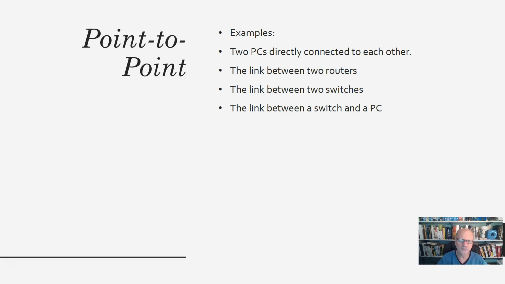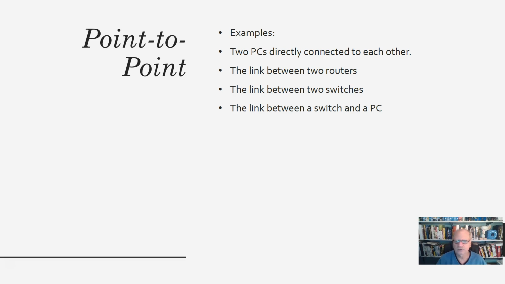Here are some examples, and these are mostly local examples because we can make some inferences about local connections too, and we can call them point-to-point. So two PCs directly connected to each other. Well, obviously they're not going to be able to see any other traffic other than themselves. The link between two routers, or the link between two switches.